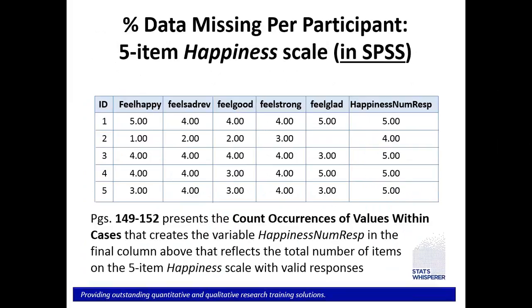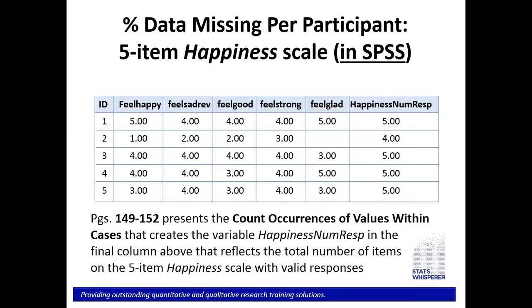So here we would put in the 5 items for the happiness scale. We would tell SPSS any value between 1 and 5 is a valid response, and then we would create a new variable, such as the last column right here, the variable name happiness num resp. So that's the number of valid responses for the happiness 5-item scale.